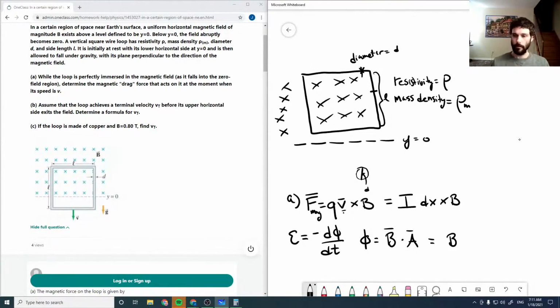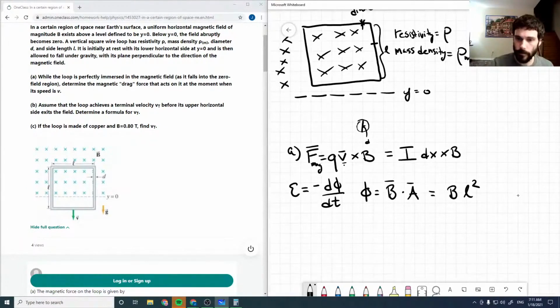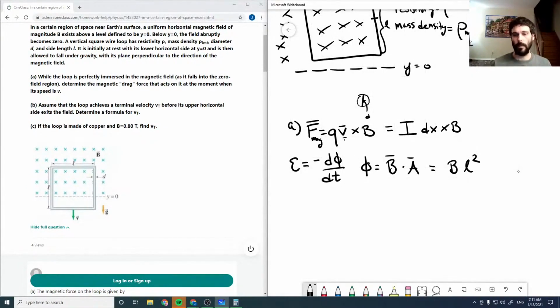Our area is just L squared, so B L squared. So then our EMF is minus d phi by dt, which none of these depend on time, so it's 0.